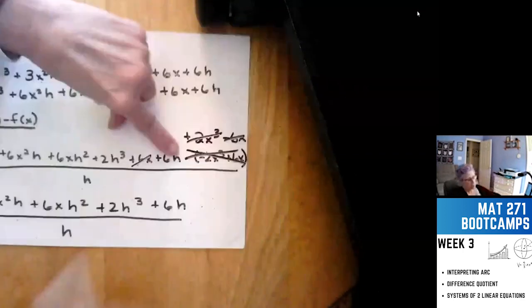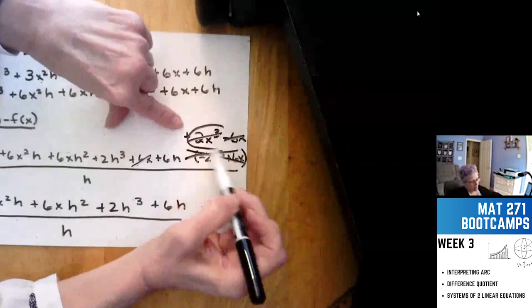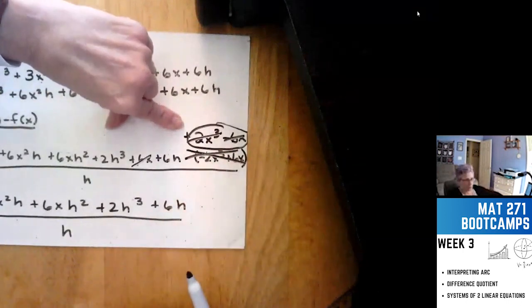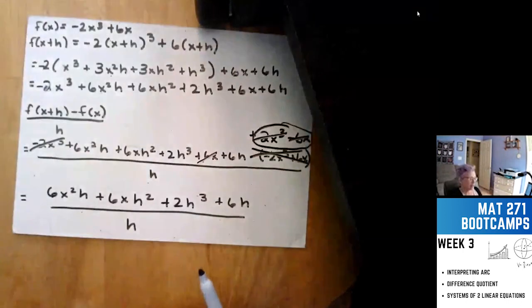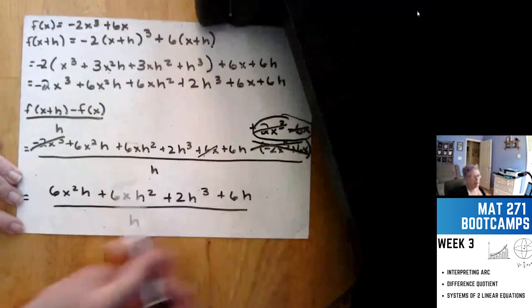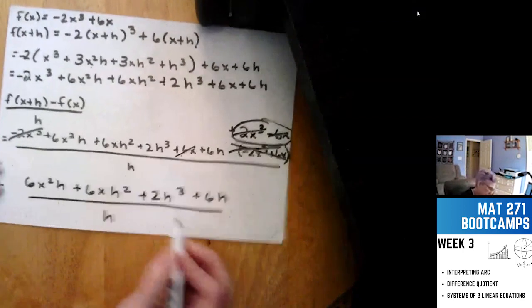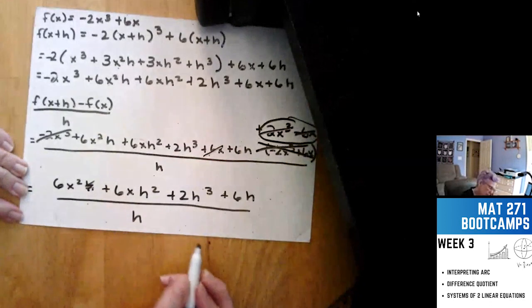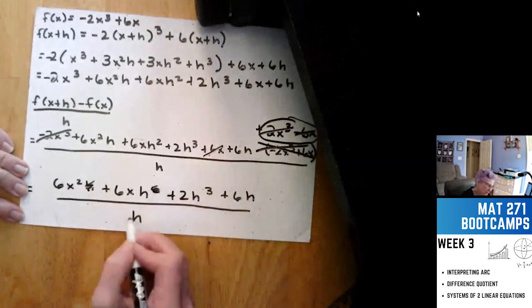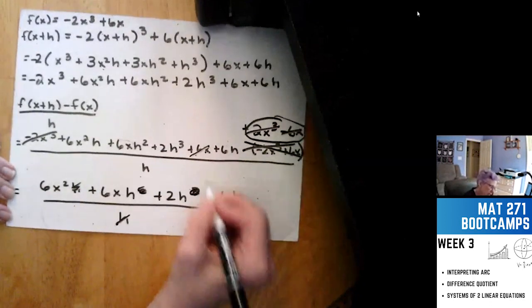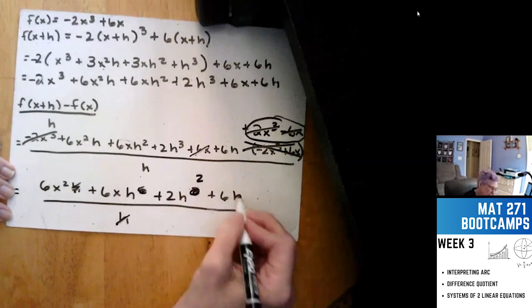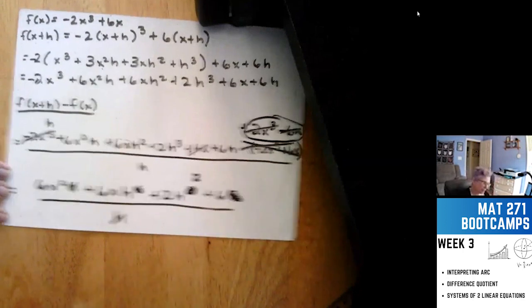So the magic happened. This entire f of x over here disappeared, just like I planned it. Everything left has an h in it. So this h goes away. That becomes just an h to the first power. This becomes an h squared, and that h goes away.